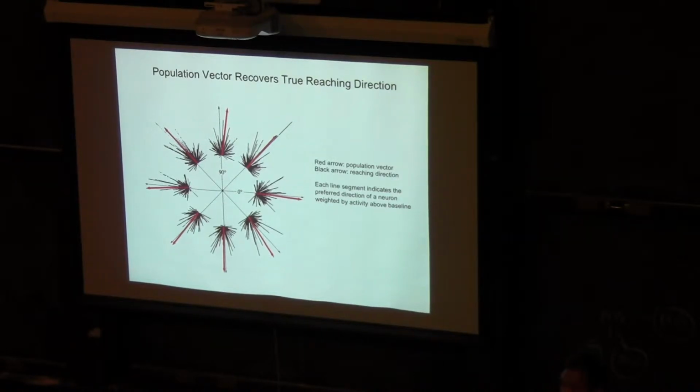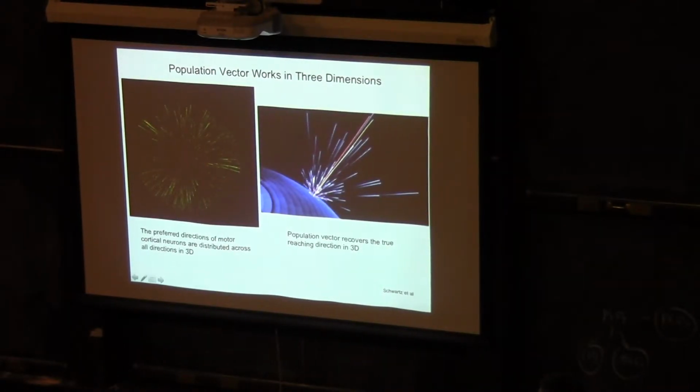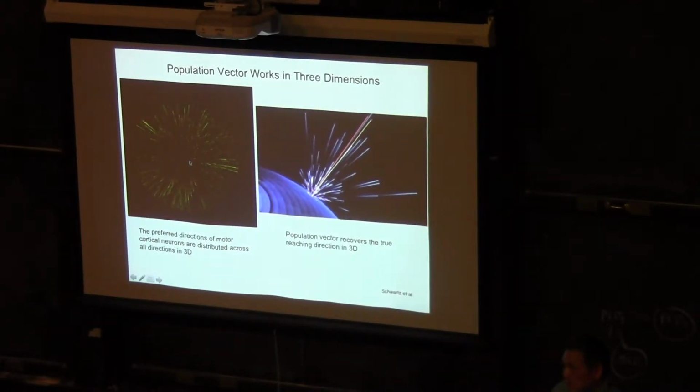So this is the simplest demonstration of the population vector. This also works in 3 dimensions. In space, you find cells with particular preferred directions in all directions.